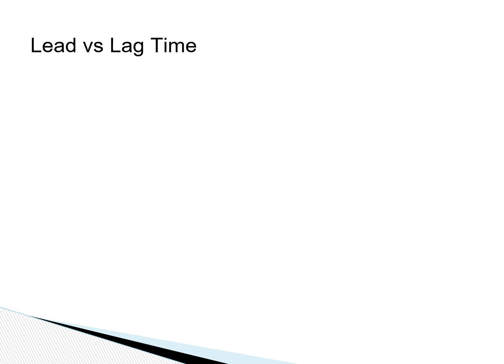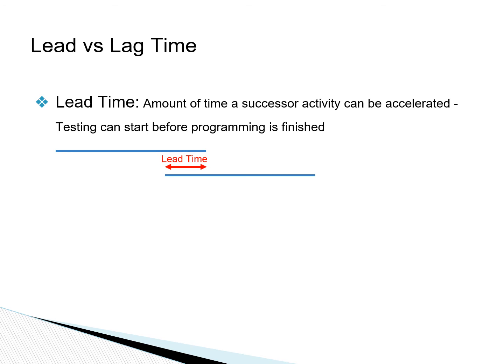In addition to dependencies, the dependency between two activities may contain a lead time, that is the time that the successor activity, the second activity, can start before the completion of the predecessor activity, the first activity.